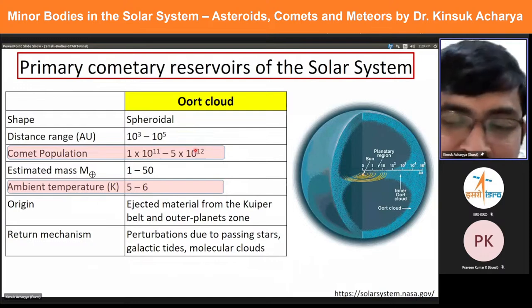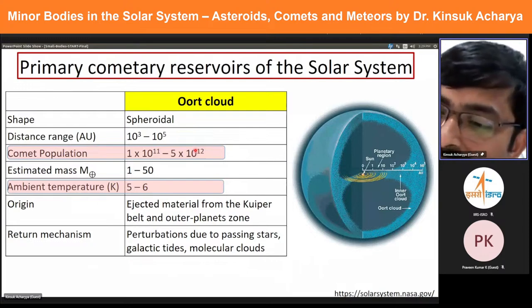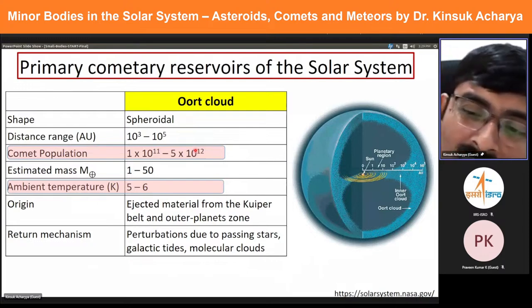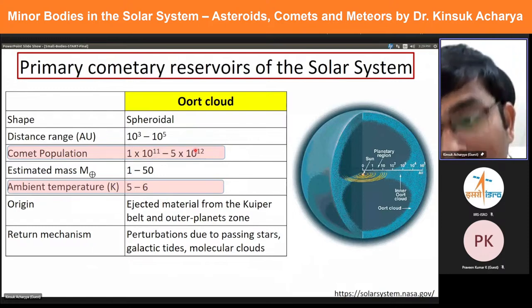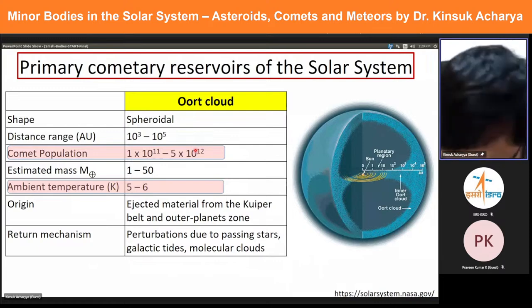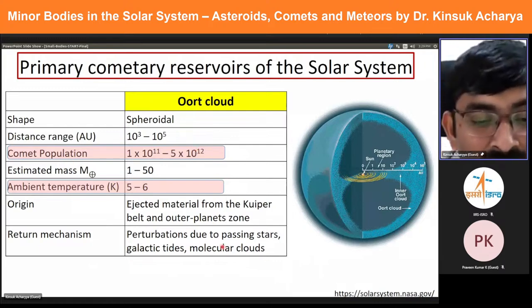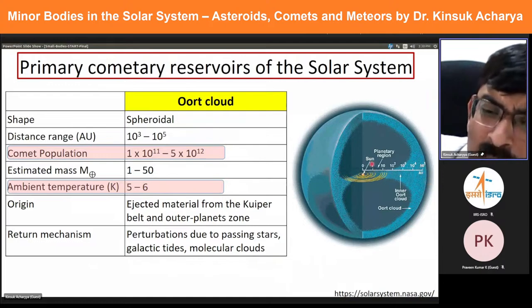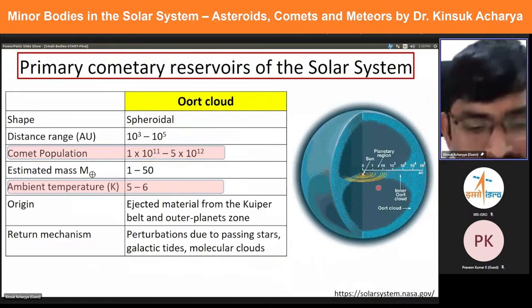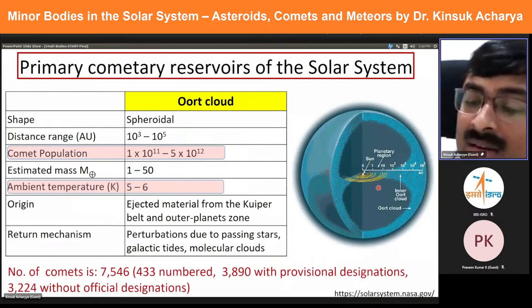It's a super freezer. You can understand how beautiful and interesting these objects are. From here, a comet can form due to the perturbation by a passing star. They are so outer, so far away. Now you just realize how interesting these objects are.